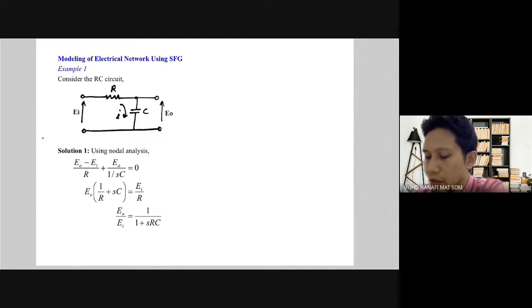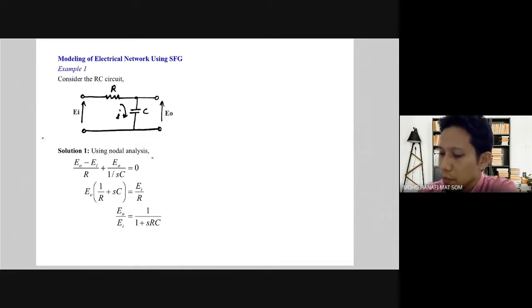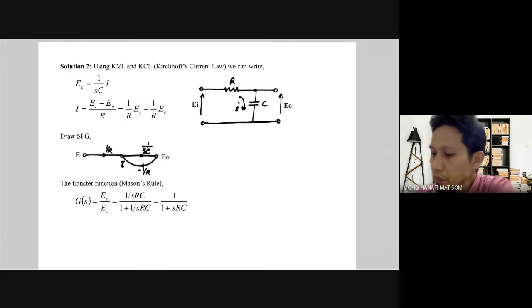We have an RC circuit. So I don't want to explain the nodal analysis. You can read it by yourself. I just want to focus on solution 2 using KVL and KCL, the Kirchhoff voltage law and Kirchhoff current law. So we have this equation.